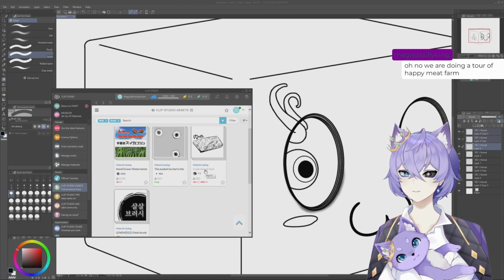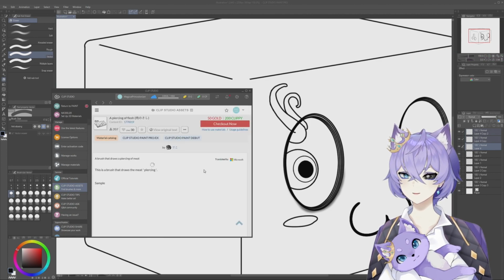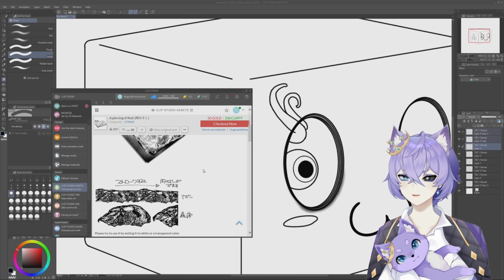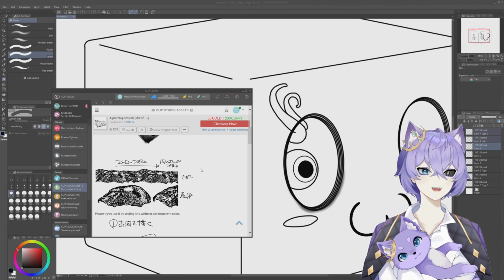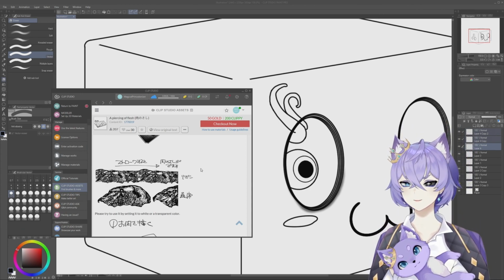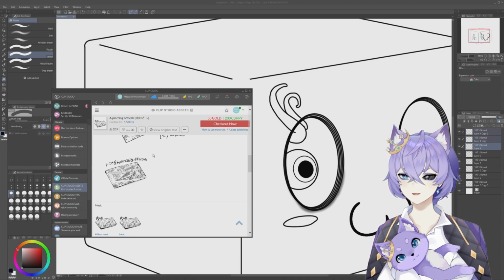A piercing of... oh my god, they actually have it. This is a brush that draws the meat piercing. No, it costs money. It costs 50 gold and or 200 clip. Yeah, I can't get it. Damn it.